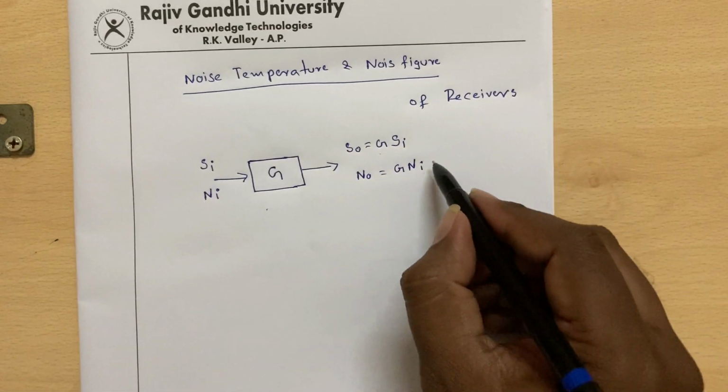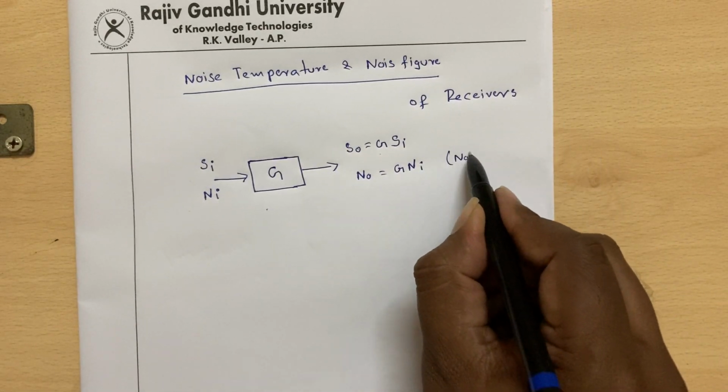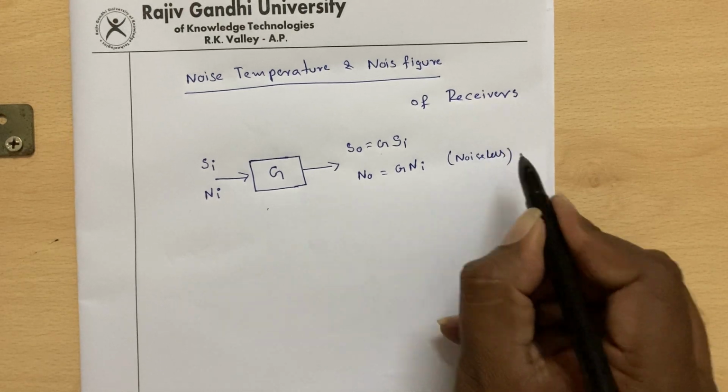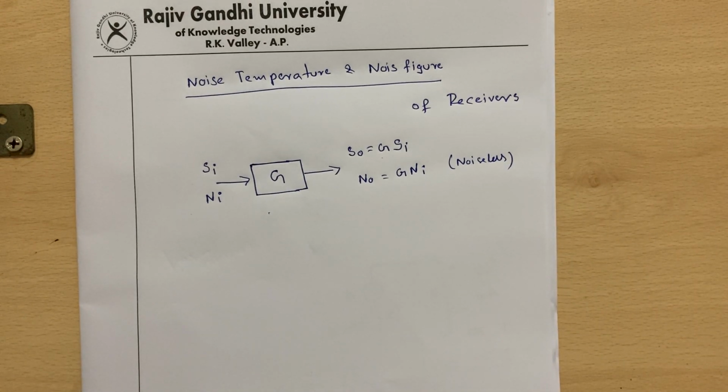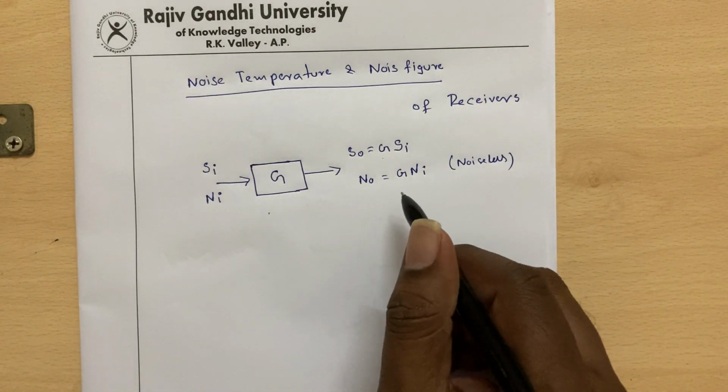In the noiseless case, the output noise power will be G into Ni. But what happens is that each block in the receiver will contribute some noise at the output because of its own temperature. It will add some more noise to what should actually be produced at the output.